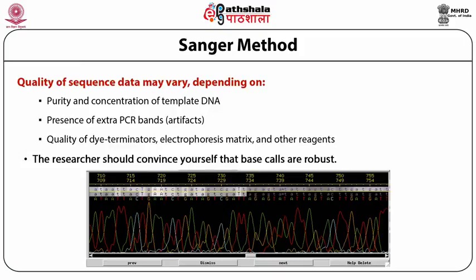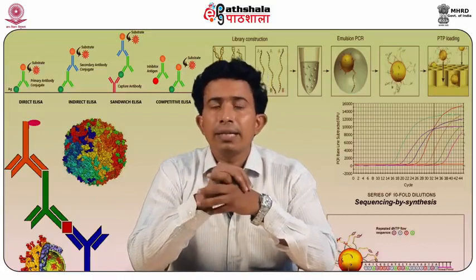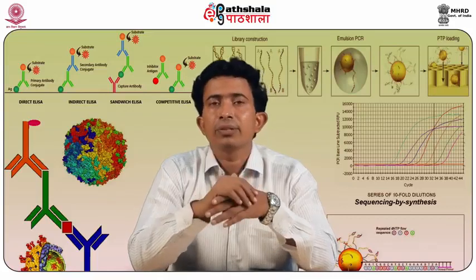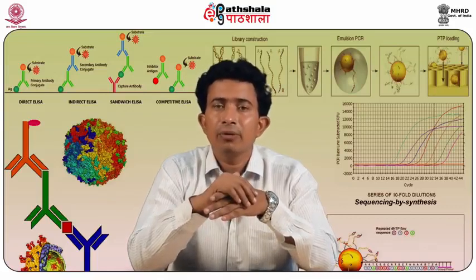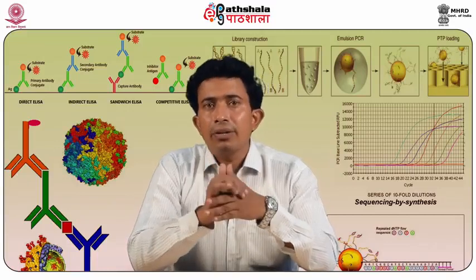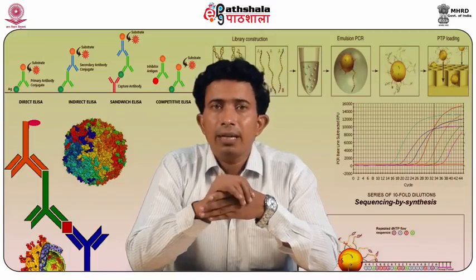Maxam and Gilbert method was developed in the same year as Sanger's dideoxy chain termination method, in 1977. The Maxam and Gilbert method is based on the chemical degradation of the DNA molecule.